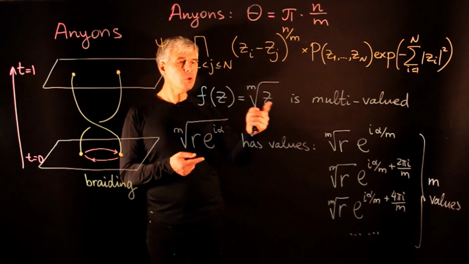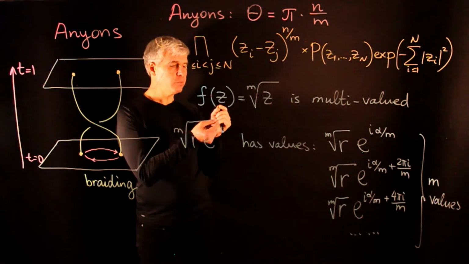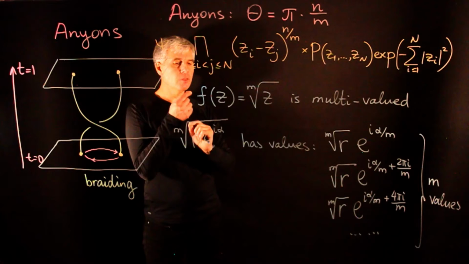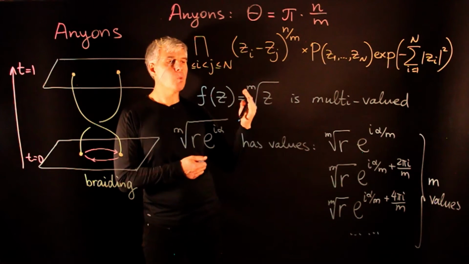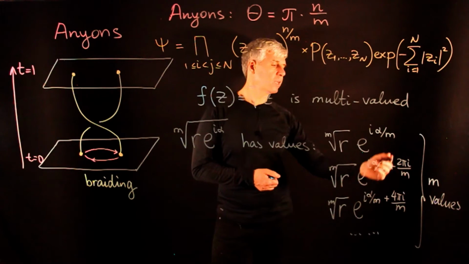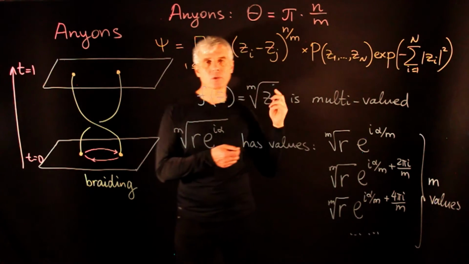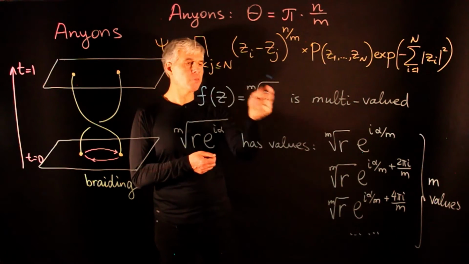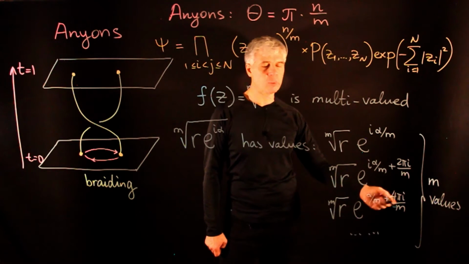It is well known for the mth root complex function that when we make a full circle in the complex plane, we lift from one branch of this function to another, and we acquire an additional phase of 2 pi I over m. So for each revolution around the origin, we get an extra factor of this form.